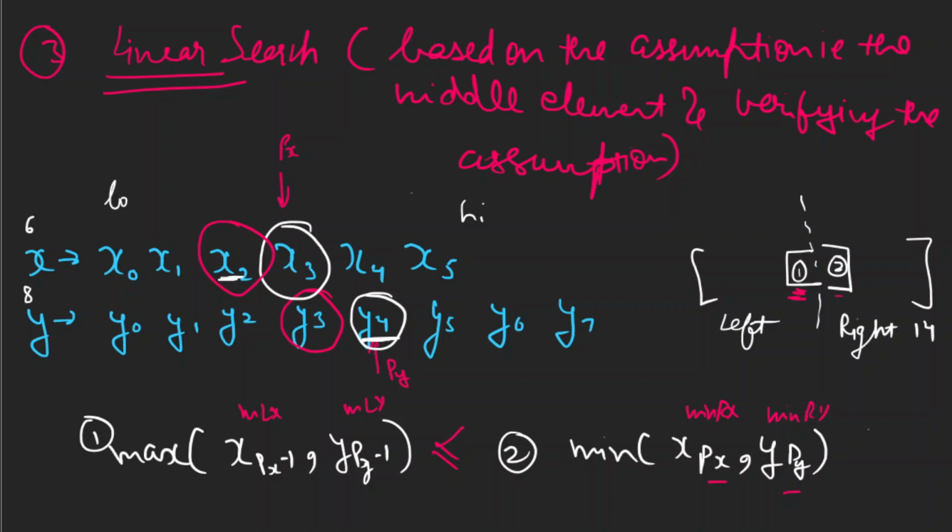In order to search in the left subarray, we move our high pointer to partition x minus 1, which means this one. Now we will be searching over this array which has smaller values of x.